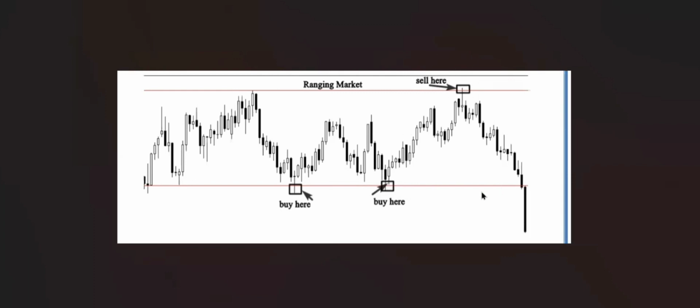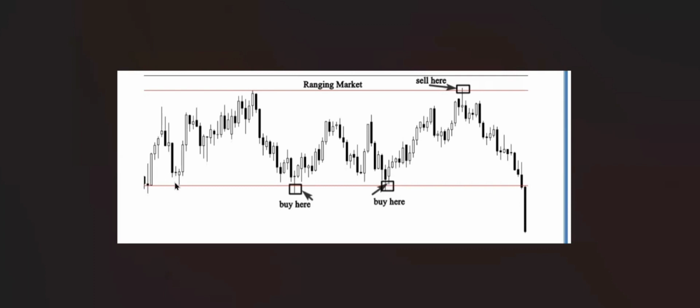Right. So the second way of trading a ranging market is by waiting for the breakout from either the support level or the resistance. We have done the first way to trade a ranging market, which is buying low and selling high.